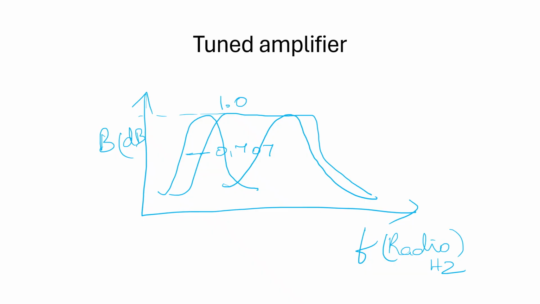These types of class C power amplifiers have very high efficiency. They are excellent in operating in radio frequency applications, RF applications. They have the lowest physical size for a given power amplifier, and we have certain drawbacks.